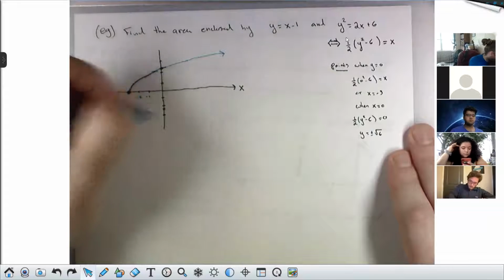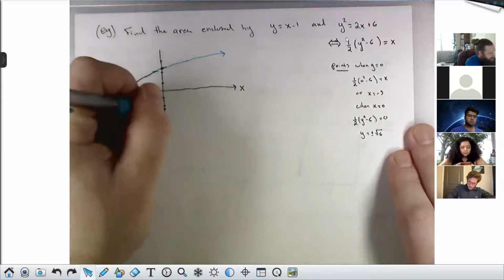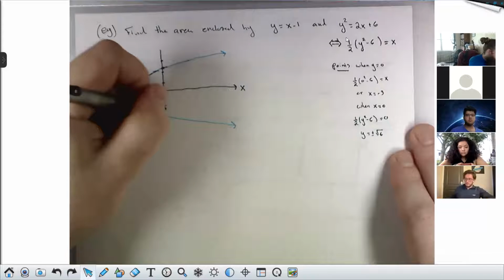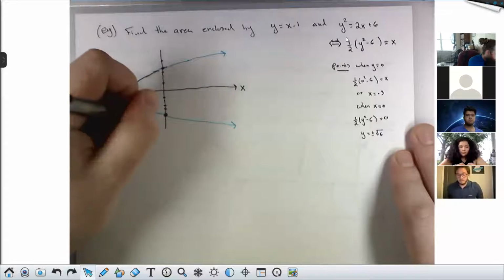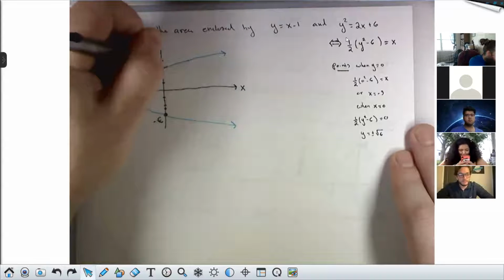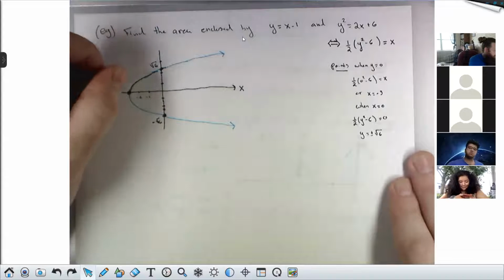And my spacing here isn't quite symmetric, but that point, here's negative square root of 6. Here's positive square root. On the exam, do you want us to give you exact points of the x and y intercept, or can we just draw it and have an estimate of what it looks like?